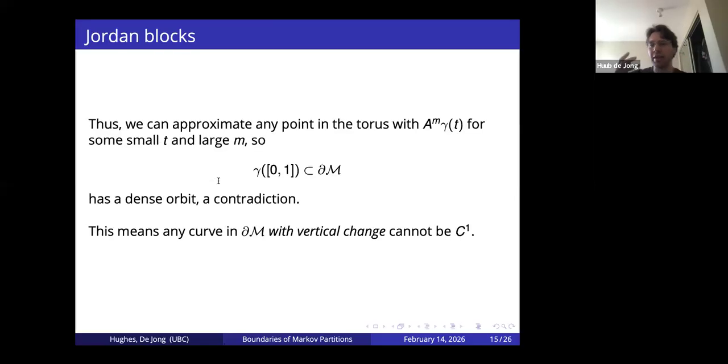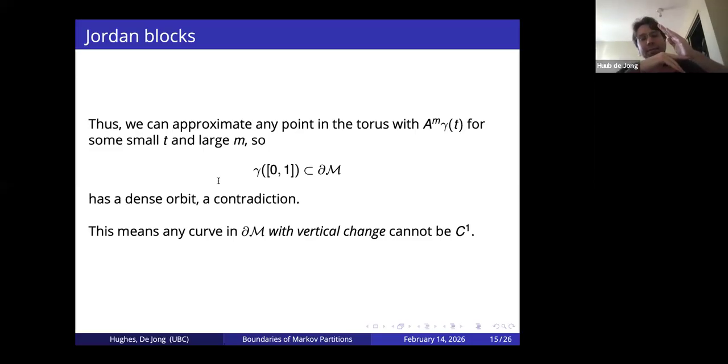All that to say, let me just repeat. I have a curve I presume to be C1. I iterate my matrix A on it so that my y coordinate is as close to some arbitrary point in the torus as possible.